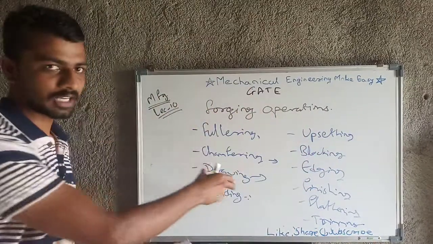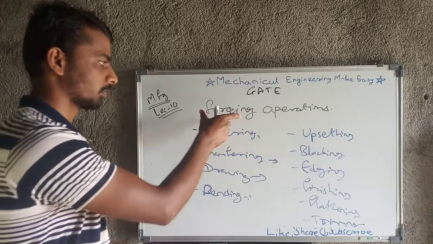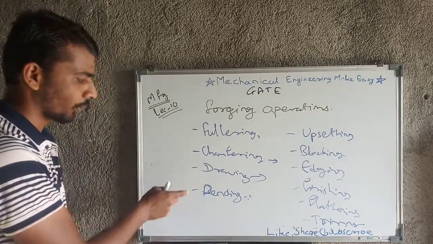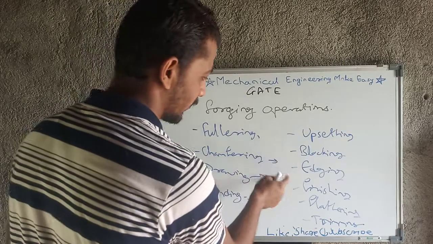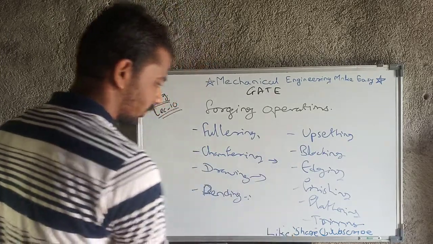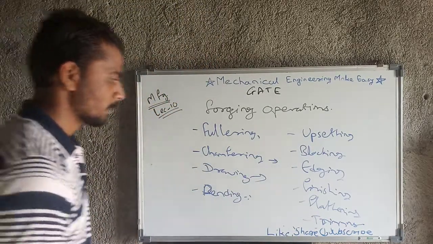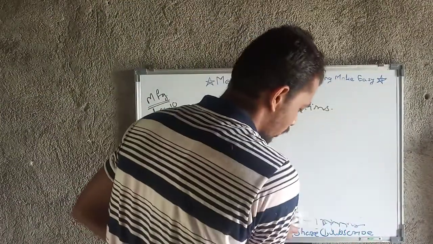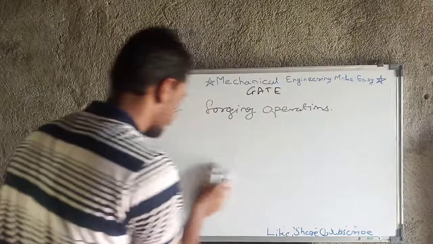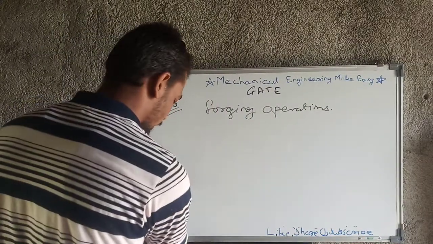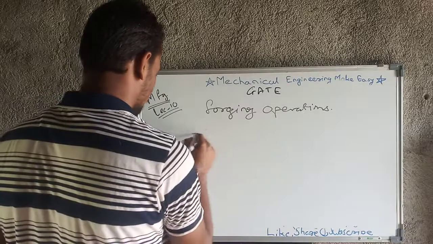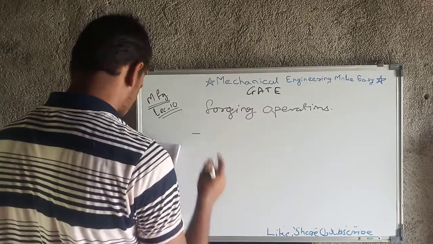These are the operations that we can perform with the help of forging: fullering, chamfering, drawing, bending, upsetting, blocking, aging, finishing, flattening, and trimming. We are not going into too much detail on these operations because we have a time constraint, and in GATE they are not going to ask you the principle of any one operation.